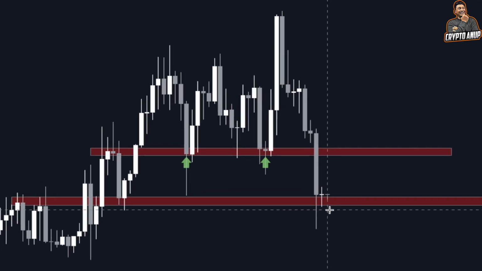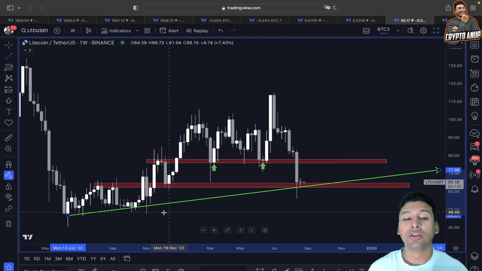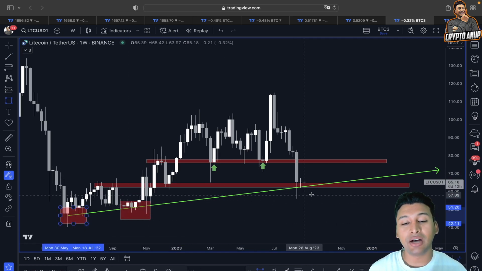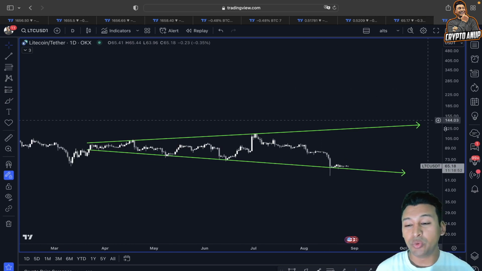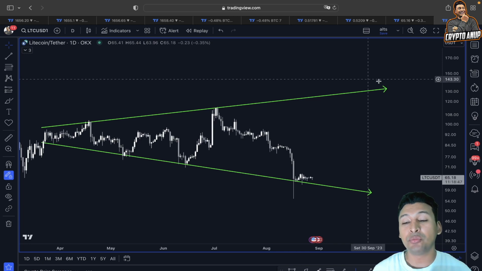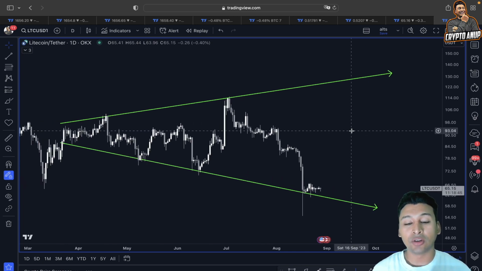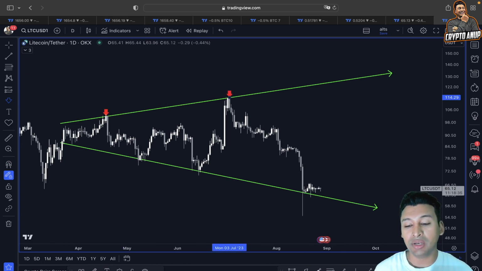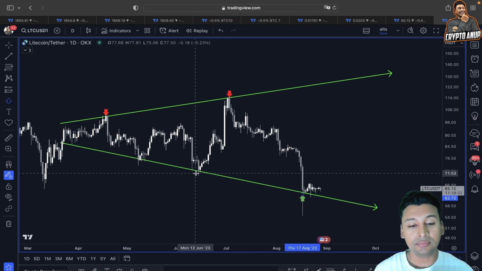So if we lose this key line of support, then you can see, guys, the price of Litecoin could also be breaking out from another important line of support, which is holding the price in a daily time frame. I mean, this megaphone pattern, this broadening wedge pattern is also indicating to us the upper line in the past price action acted as a line of resistance, lower line acted as a line of support.